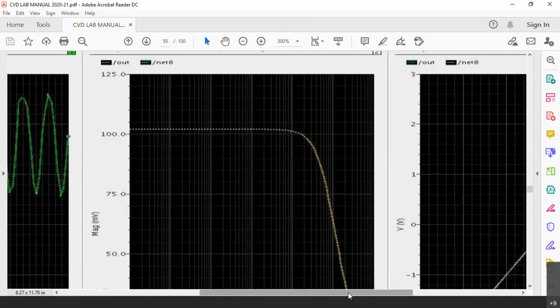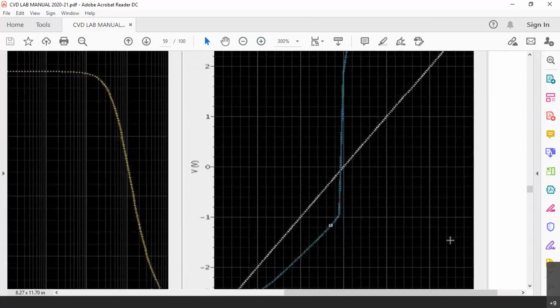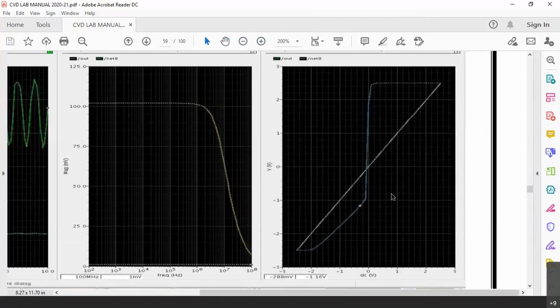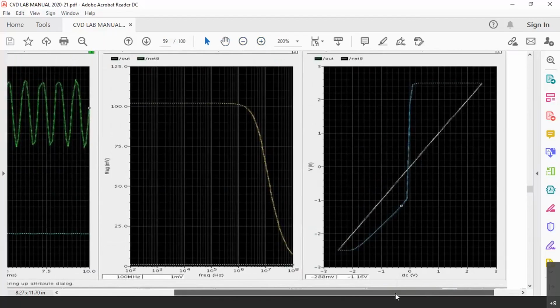Now in the DC analysis you can observe that when the input is rising from minus 2.5 to plus 2.5, the output also is rising. That means there is no phase shift. But there is a change in the rise of the output. It is not completely linear that way.